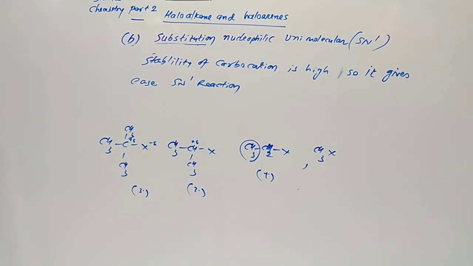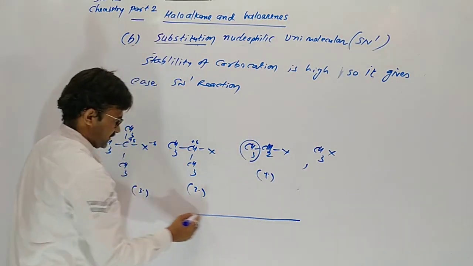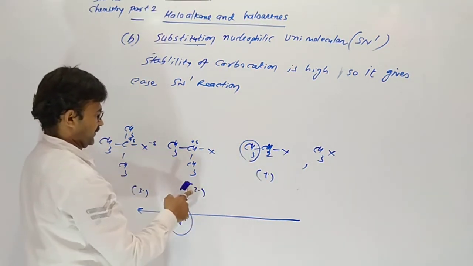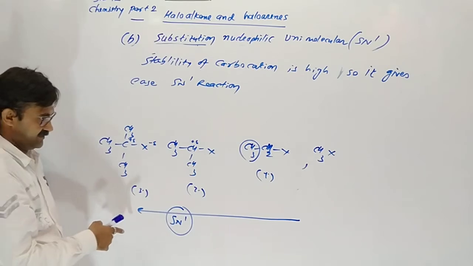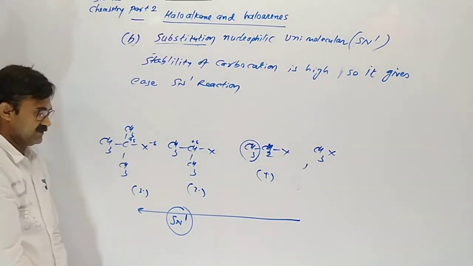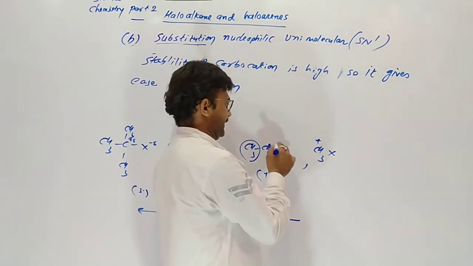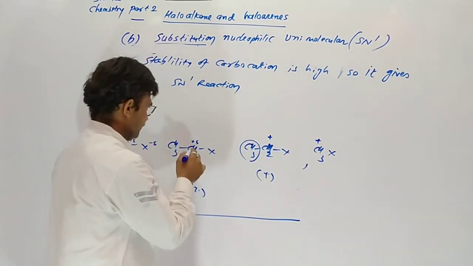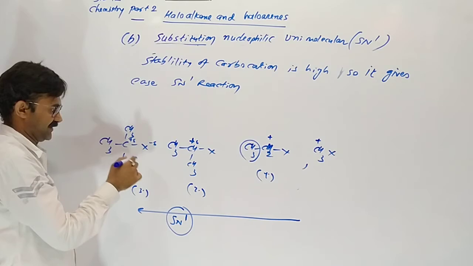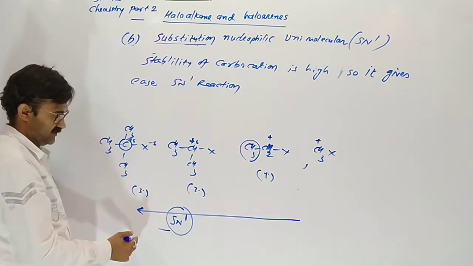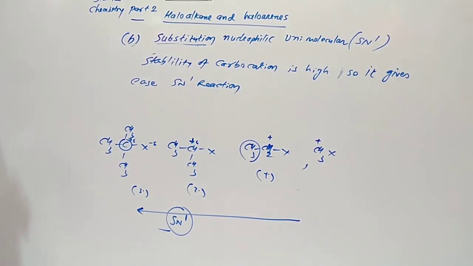So you can see we discussed from methyl to primary, primary to secondary, secondary to tertiary. In SN1 we have to check the stability of the carbocation. Methyl carbocation is less stable than primary, primary less than secondary, secondary less than tertiary, which is more stable. Whenever the carbocation is more stable, the reaction gives fast SN1.